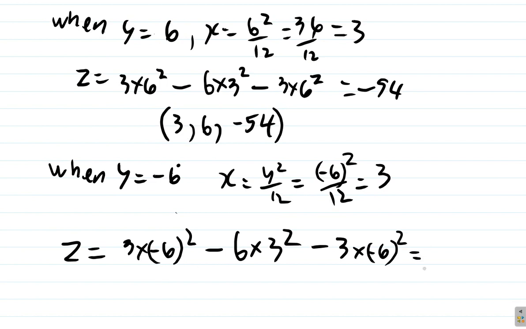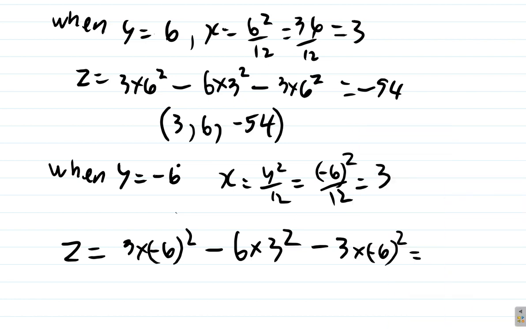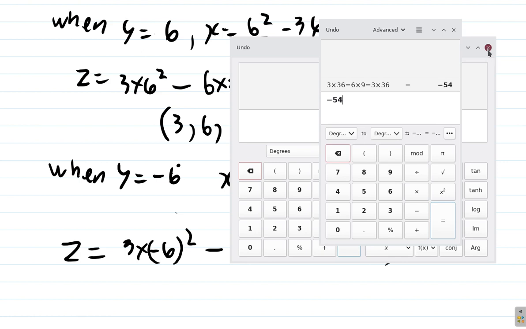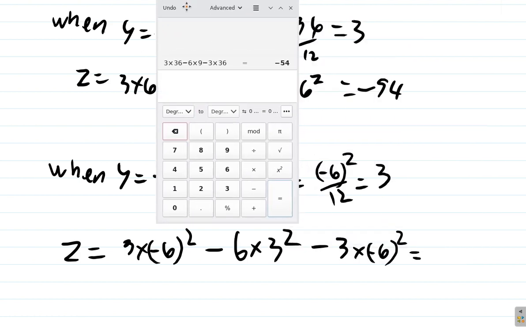So let's work that out and see what we get. So we have 3 times 36 minus 6 times 9.